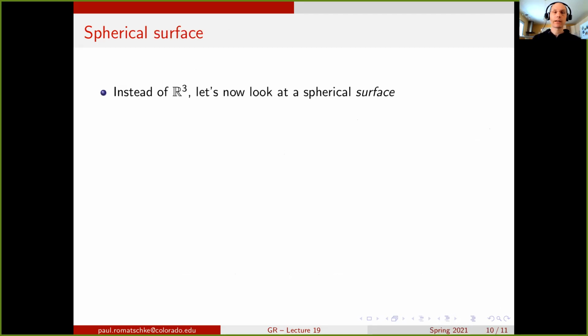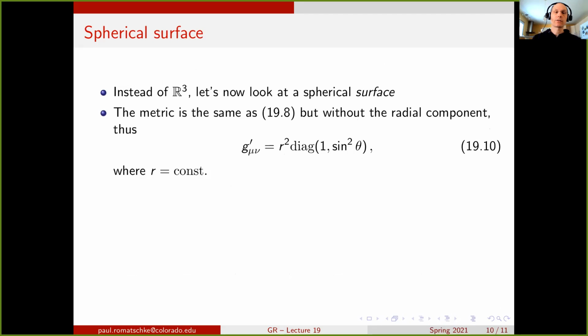Now let's do something a little bit more interesting. Instead of R3, let's now look at the spherical surface. That is sort of similar to the metric we had before, but we allow r no longer to vary. We just take the surface of a sphere, and as such, the coordinates are the same. They are just theta and phi, but the metric tensor is now given in terms of a diagonal matrix that has 1 and sine squared theta along the diagonal.